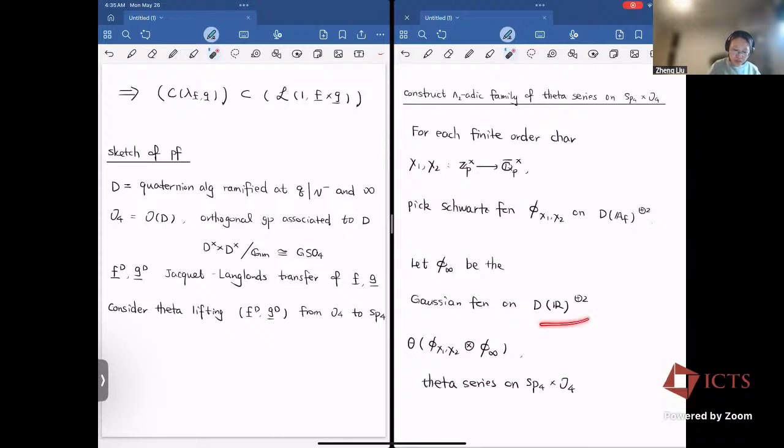I will always pick the Schwartz function at infinity to be the standard Gaussian function. And then I consider the theta series associated to this Schwartz function.